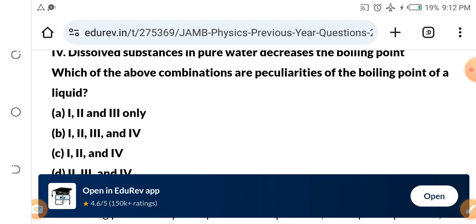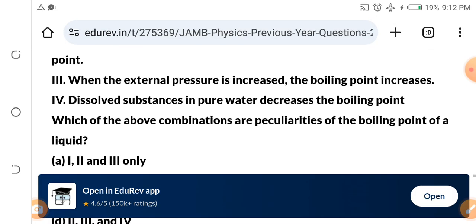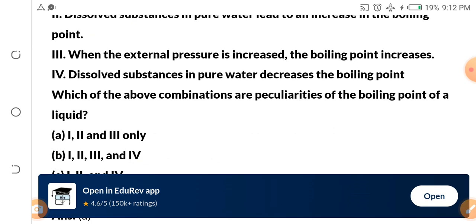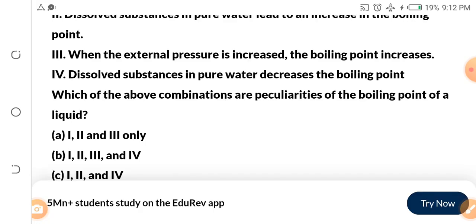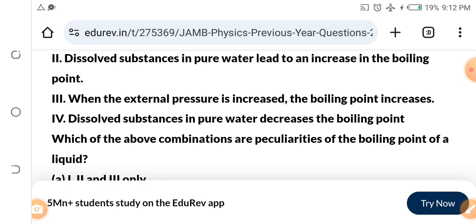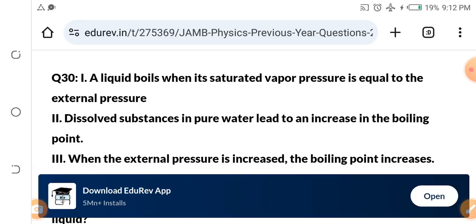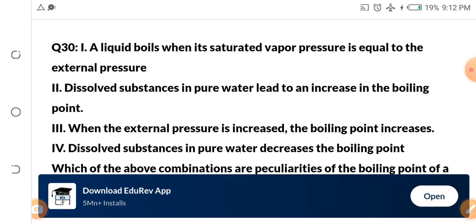The answer is A. Peculiarities. So I will just mention them. The one that is not correct is dissolved substances in water decrease the boiling point. The ones that are correct are: I. A liquid boils when its saturated vapor pressure is equal to the external pressure. II. Dissolved substances in pure water lead to an increase in the boiling point.